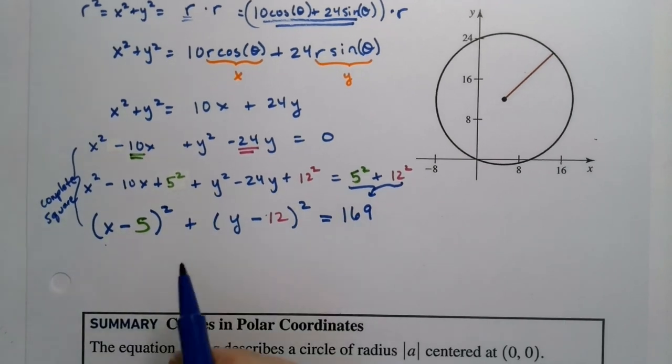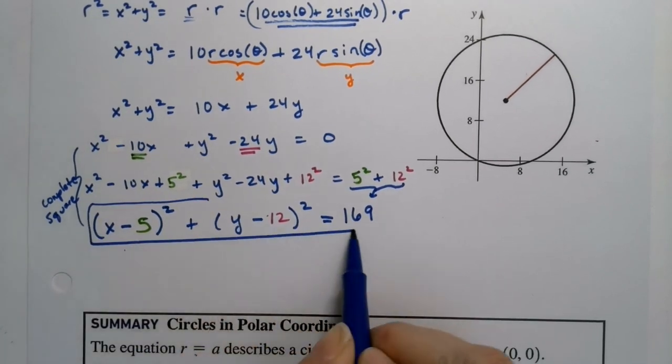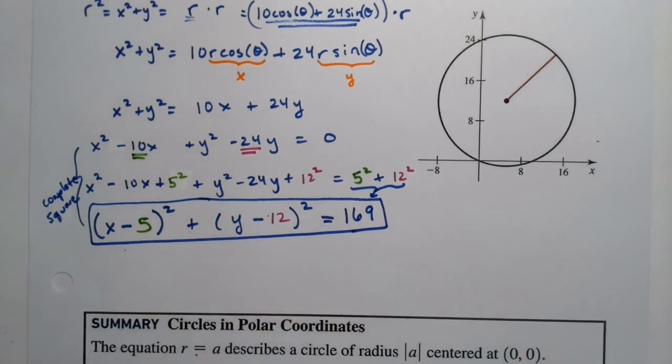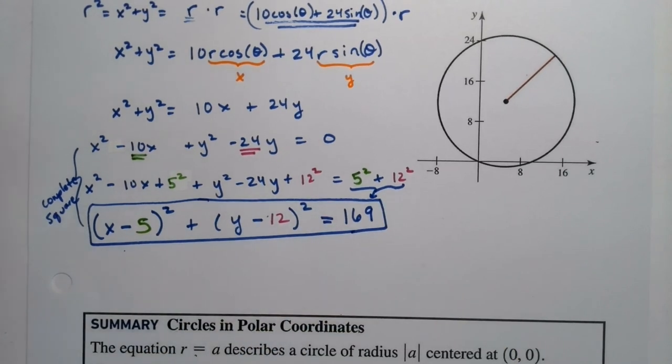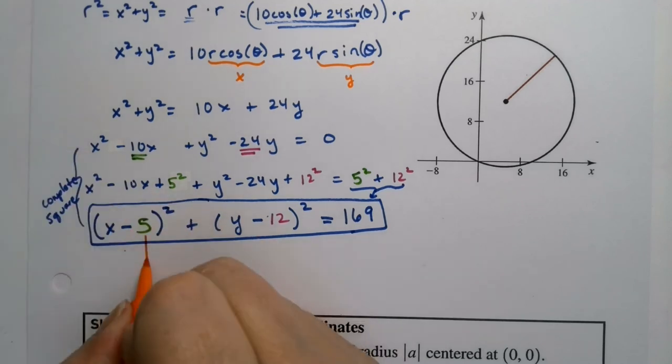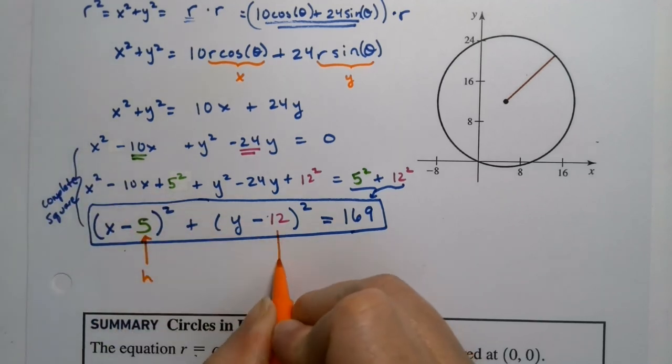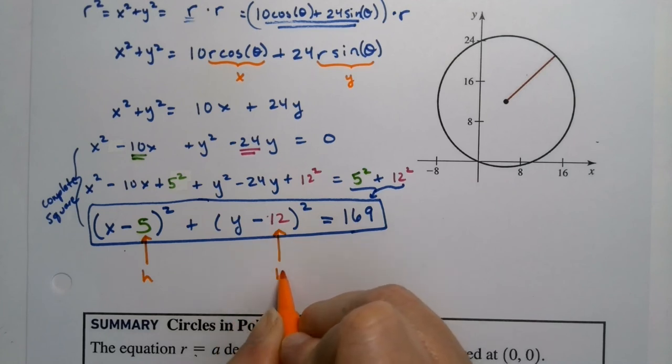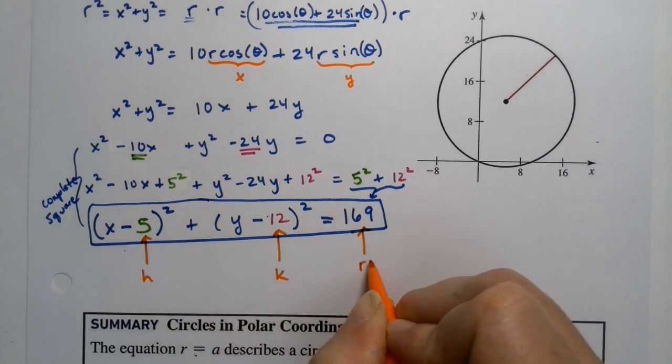Lovely. And that should look very familiar to you. Yes? Because we've learned this from pre-calculus. This is h, this is k, and this is r squared.